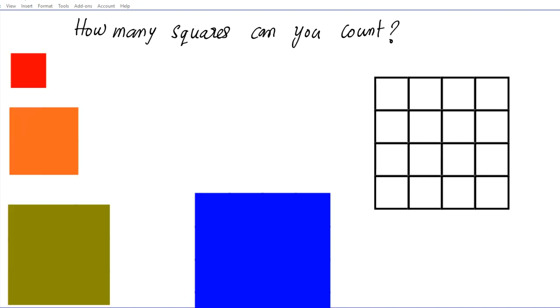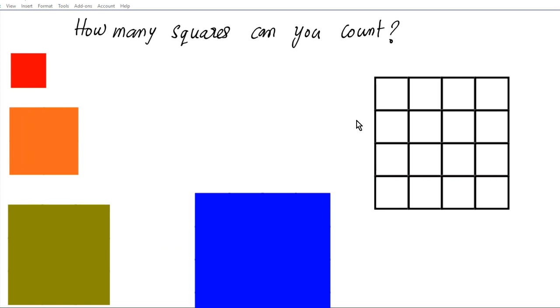Alright, so one strategy we can use to solve this problem is by considering this square right down to its unit level and then building squares from there. Okay, so we have the unit square, the smallest possible square. We can call that our 1 by 1 square. And then we can build it up to a 2 by 2, and then a 3 by 3, and then a 4 by 4, which is the biggest square.